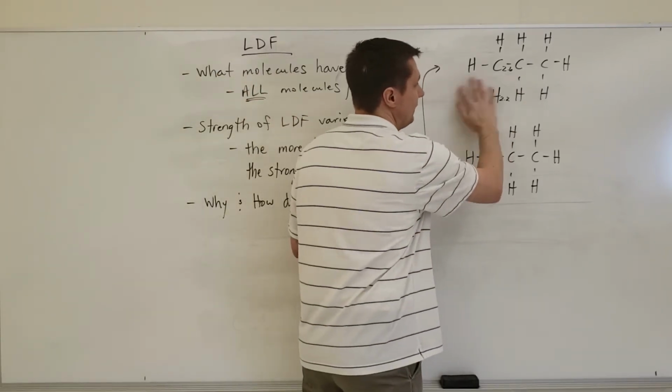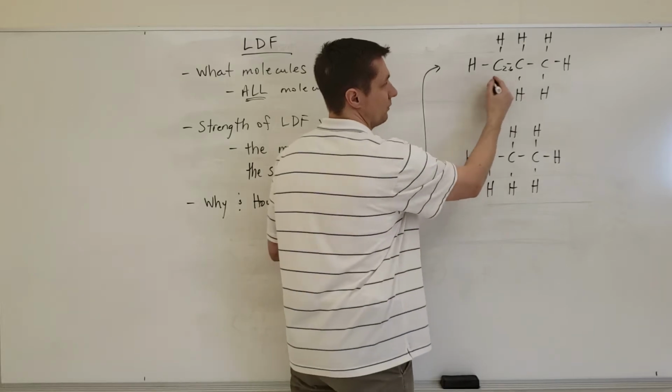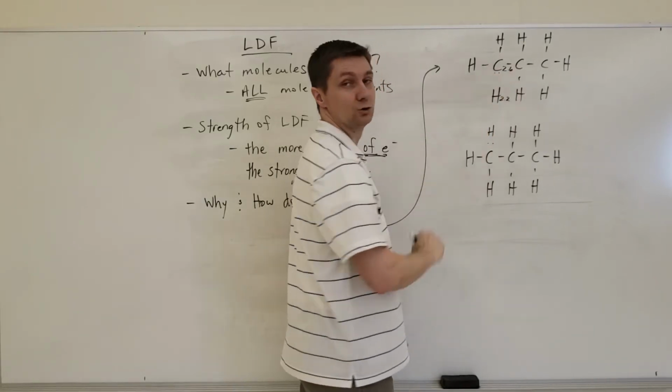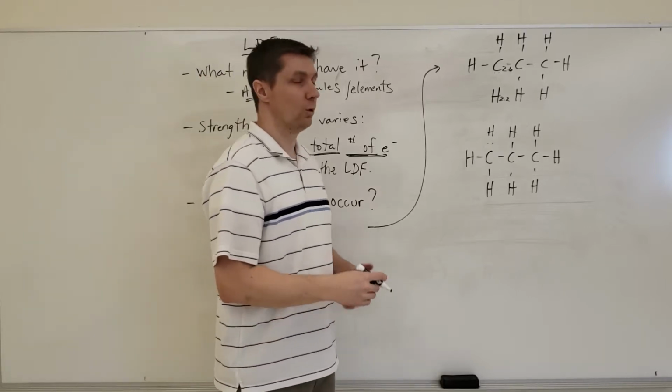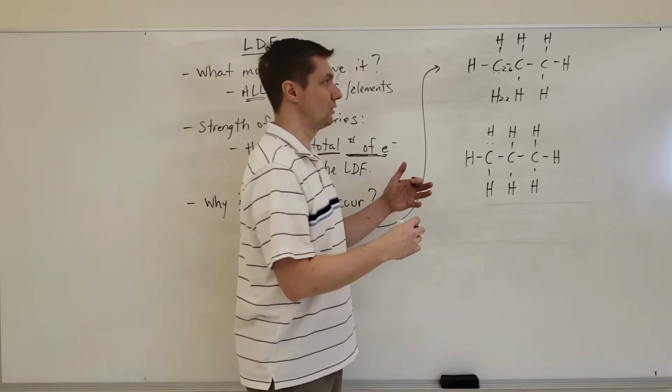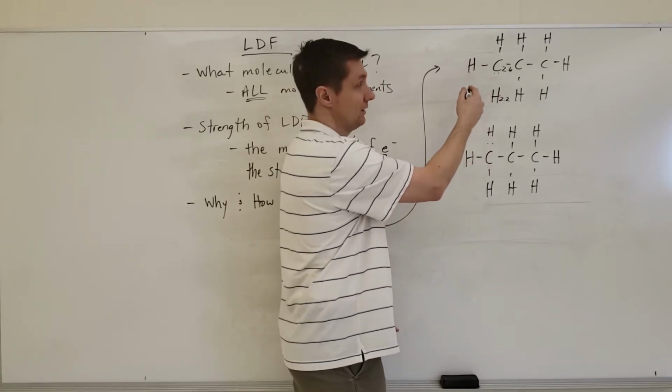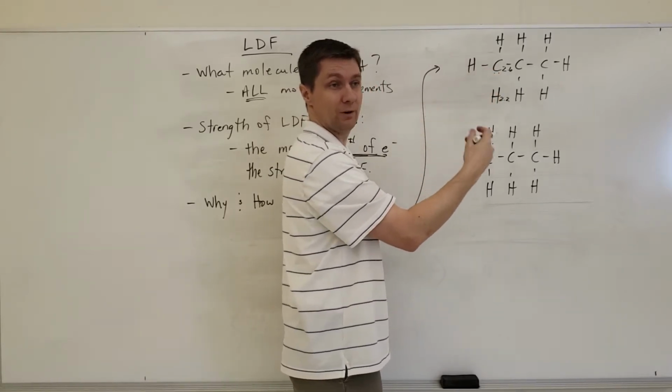And so if that happens in this molecule right here with those two electrons, and let's say that those electrons end up closer to the carbon than they do the hydrogen, what we know is that electrons are negative, and so because of that, this carbon here is going to develop a bit of a partial charge.